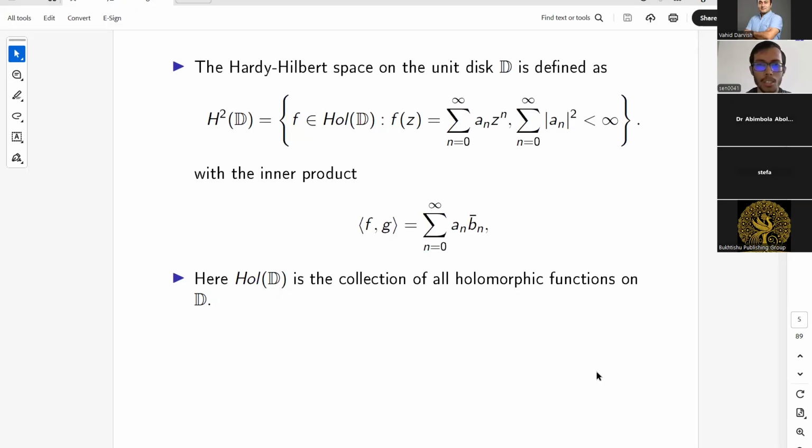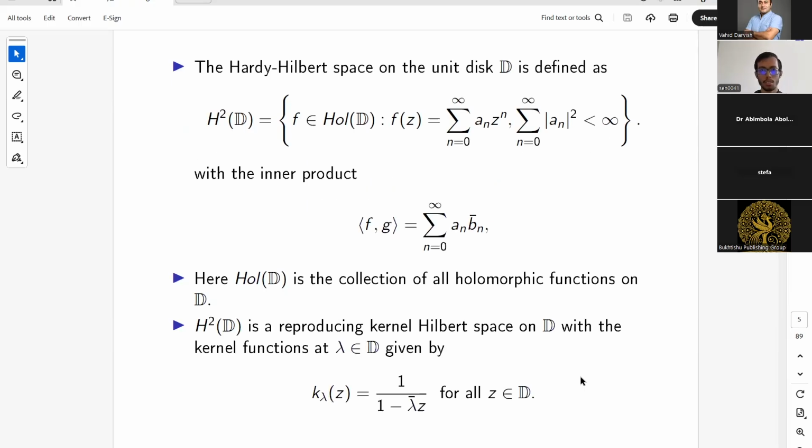Here Hol(D) is the collection of all holomorphic functions on D. With this operation, the Hardy-Hilbert space is also a reproducing kernel Hilbert space, and the kernel function at lambda is given by k_lambda(z) = 1 / (1 minus lambda bar z) for all lambda belonging to D.